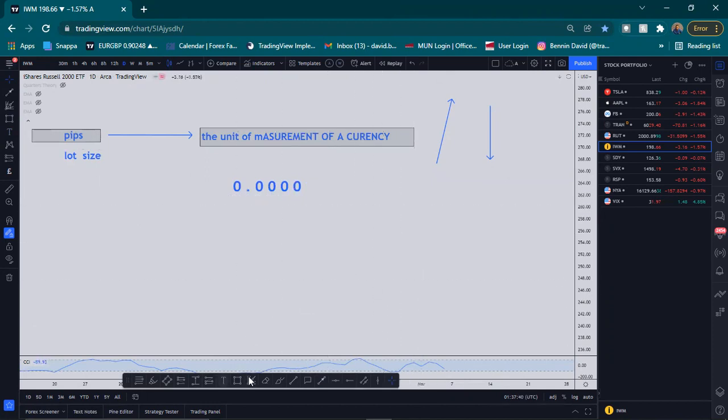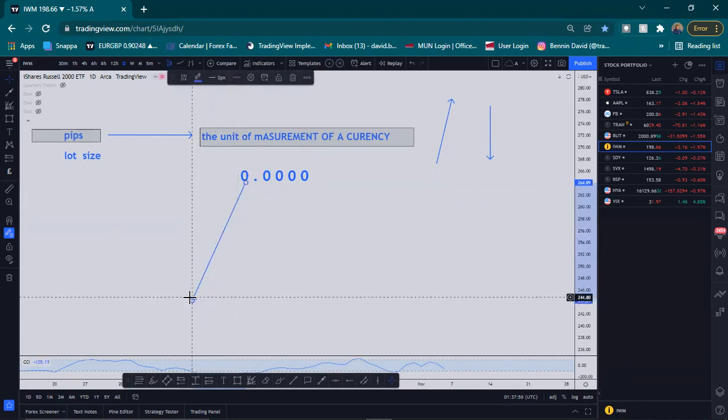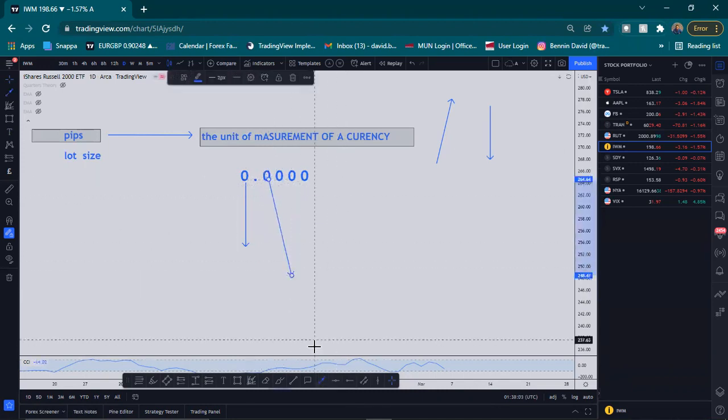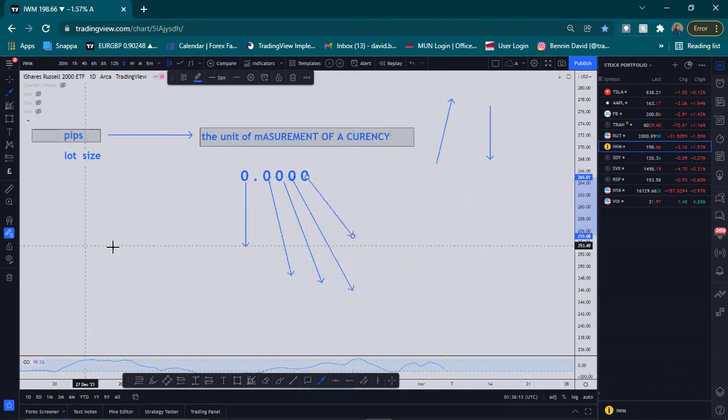So we have a number in front of the decimal, and then we have four values after the decimal point: 1, 2, 3, and 4.